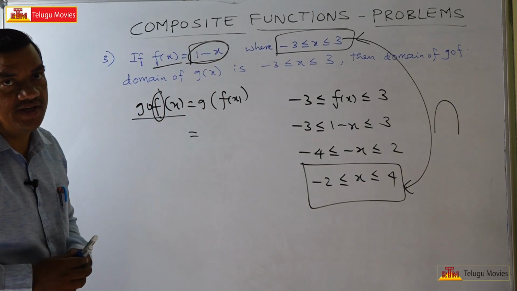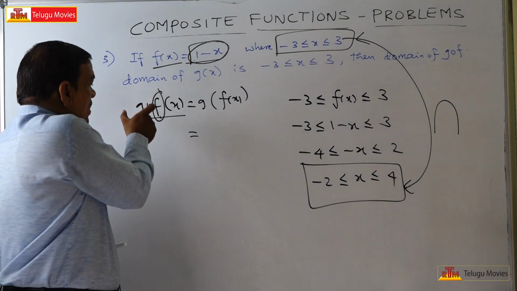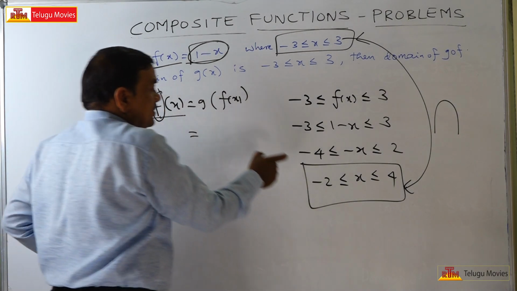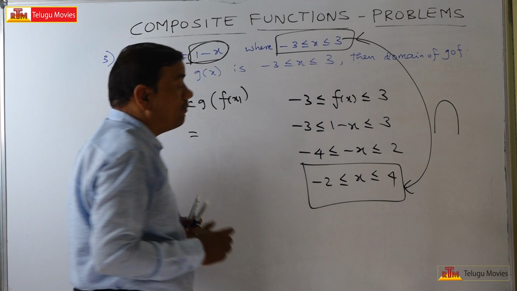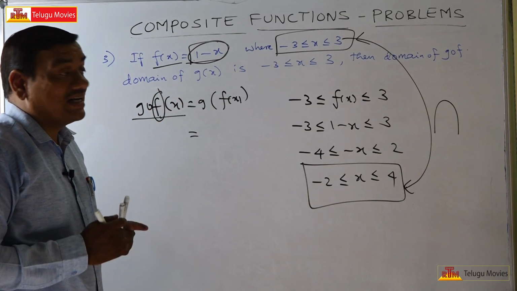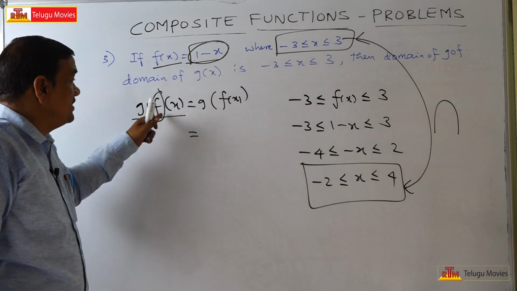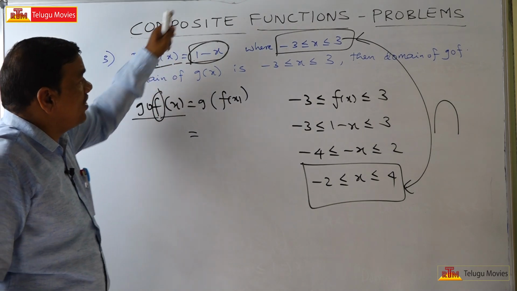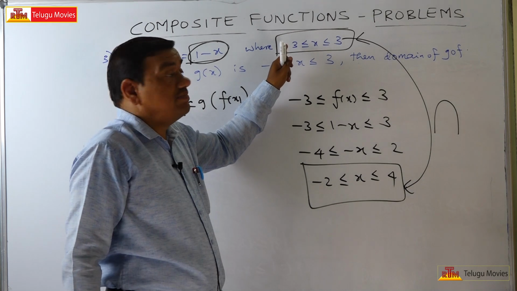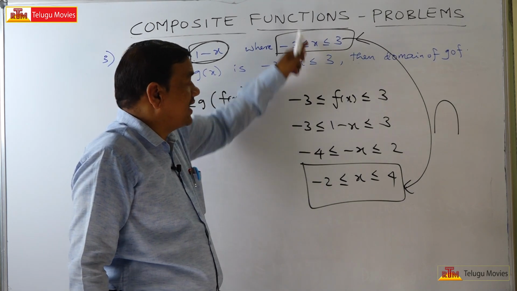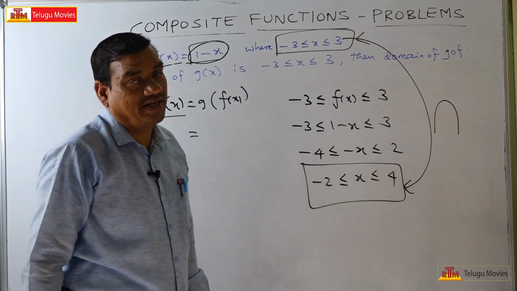Here we have G circle f of x with x values from minus 2 to 4, but the condition is that the domain of G circle f of x is the same as the domain of f of x, and the domain of f of x is minus 3 to 3. Therefore, the intersection part should be taken.